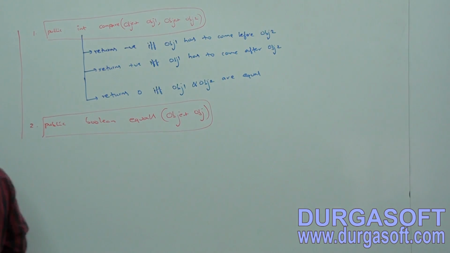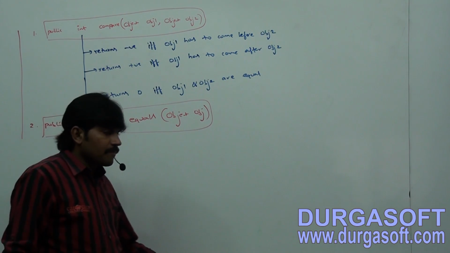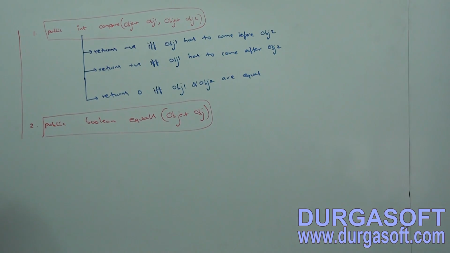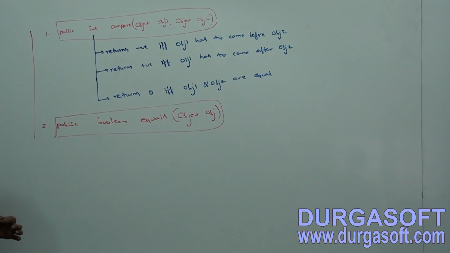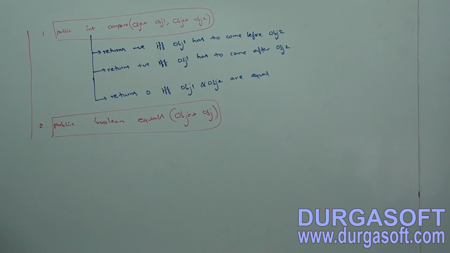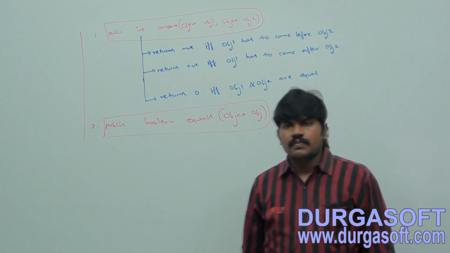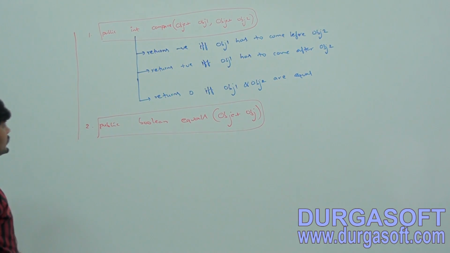And public boolean equals(Object obj). There is no need to keep any explanation about this one. Okay, next.